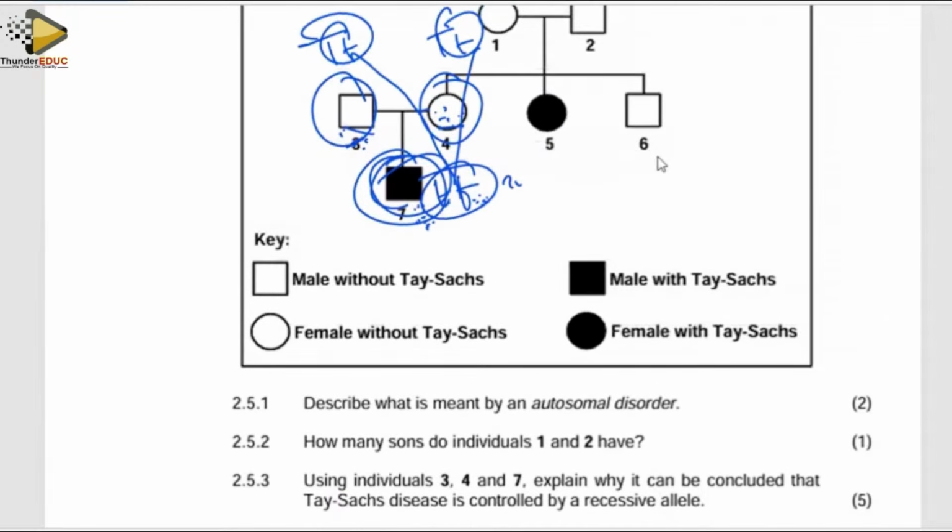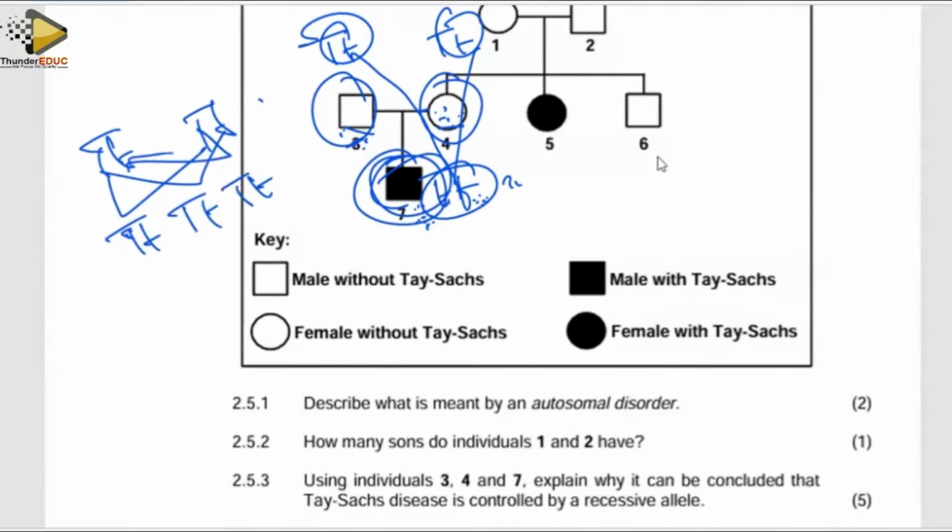So if you look at 3, if it is capital T, small t, and capital T, small t, this and this is going to be capital T, capital T, this and this is going to be capital T, small t, this and this is going to be capital T, small t, and this and this is going to be small t, small t. So this is 25%.